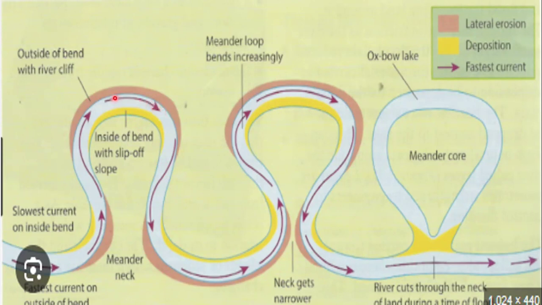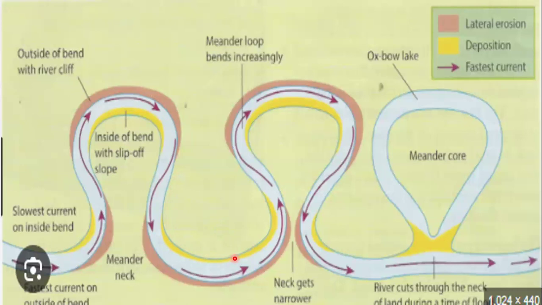Erosion occurs on the concave bends. The force of the river flowing wears away the land on the concave curve, as the speed of the river is fast here. On the convex side, the speed of the river slows down.